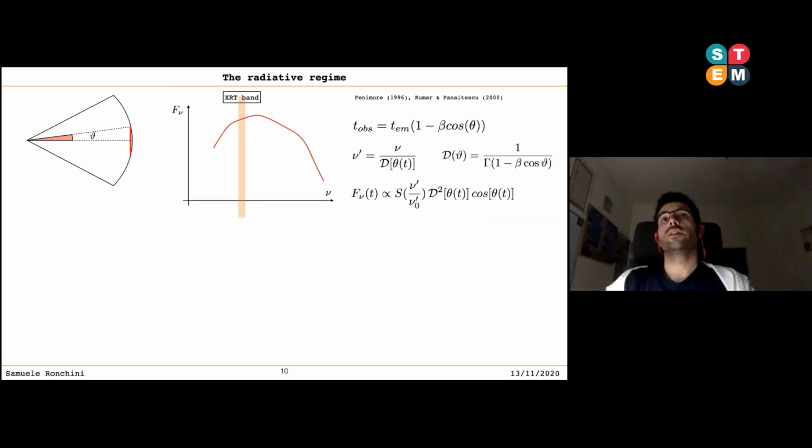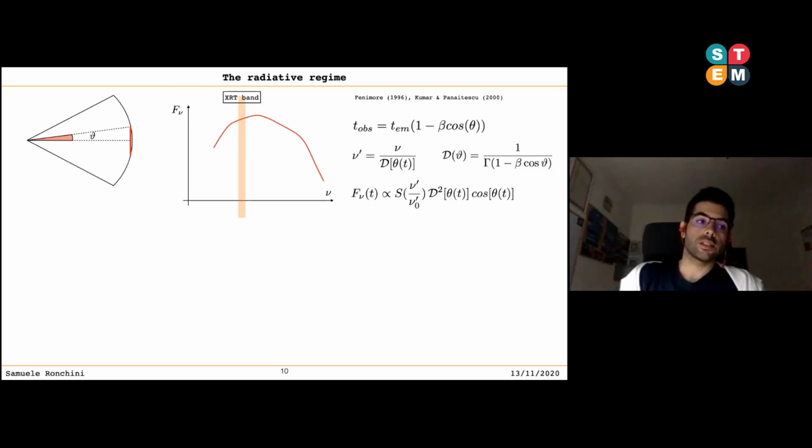So in the radiative regime, what is dominating in the observer frame is the emission from the last emitting surface. And so what is giving the spectral evolution is the so-called high latitude emission. What is the high latitude emission?